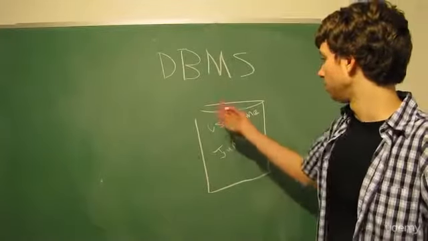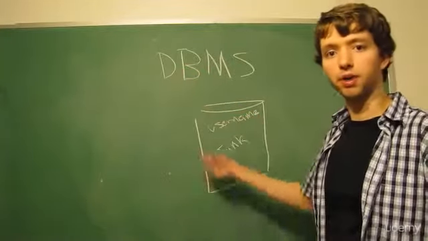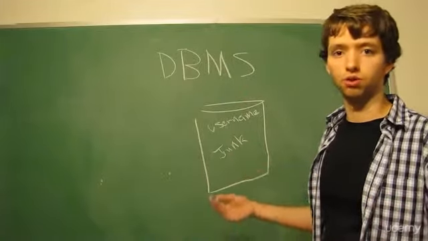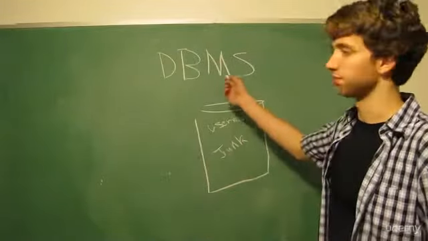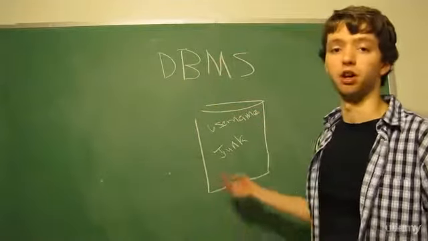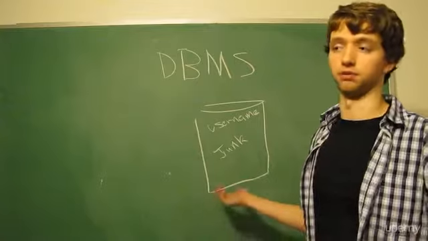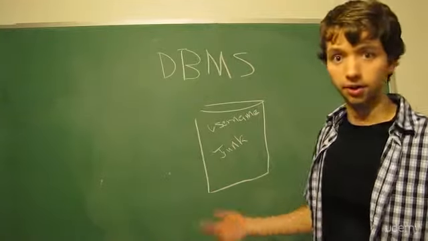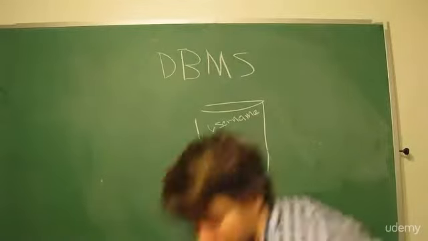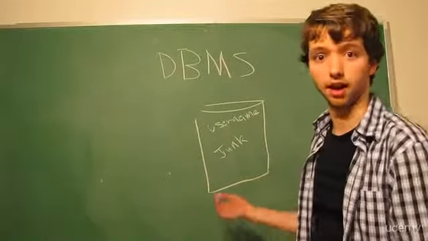Without a database management system, all we have is a bunch of data, and we'd still have to go manually do all that and delete all that. The database management system is what allows us to easily run a query, select everyone who hasn't been online in a year, and then delete them.